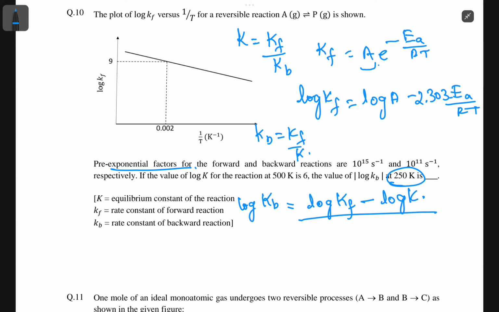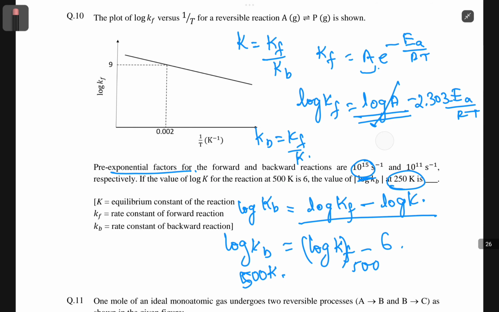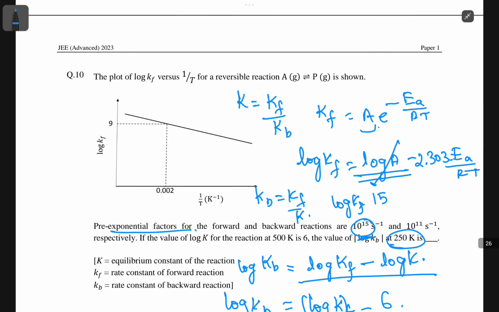So as an intermediate step, I'm going to find log KB at 500 Kelvin, which should be log Kf at 500 minus log K at 500, which is given to be 6. Now what should log Kf be? Well, I know log A value should be 15 because this is given right here. Wait, I'll just clean this up a little.